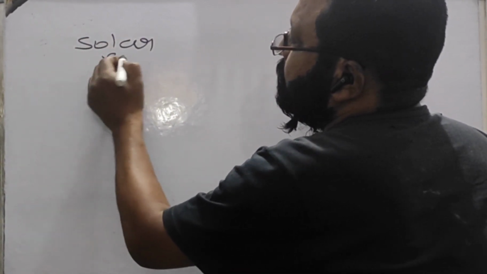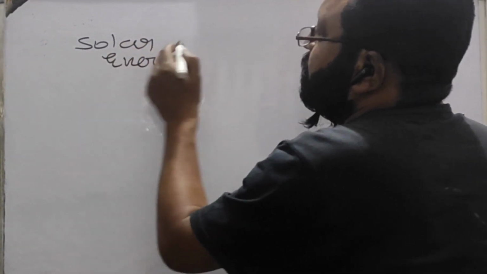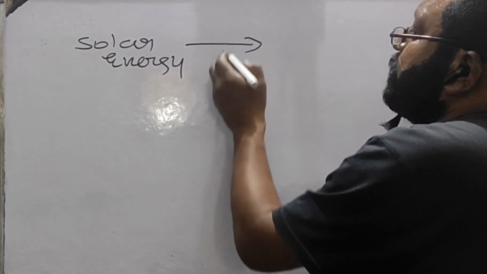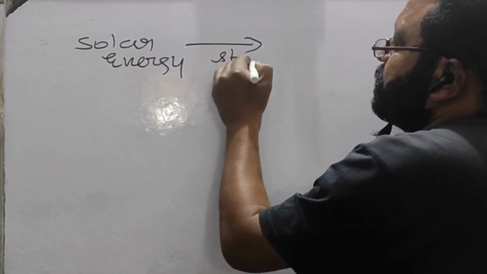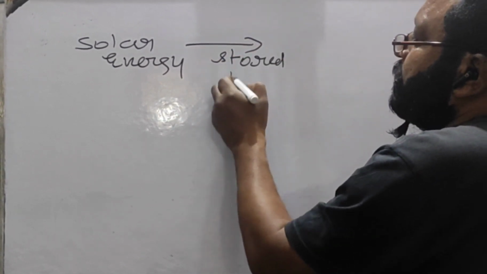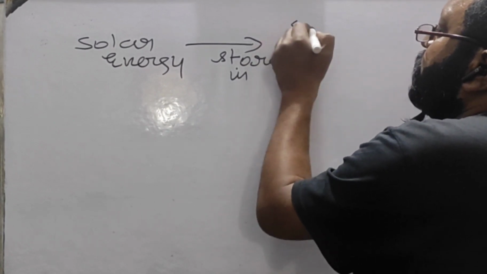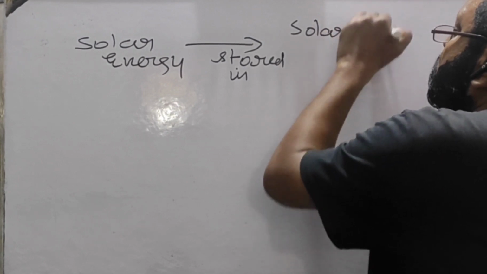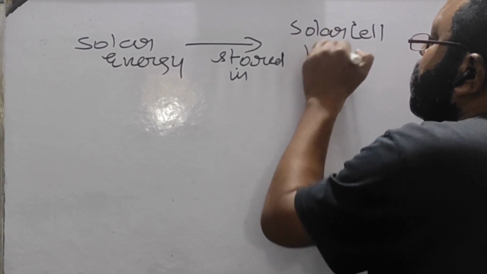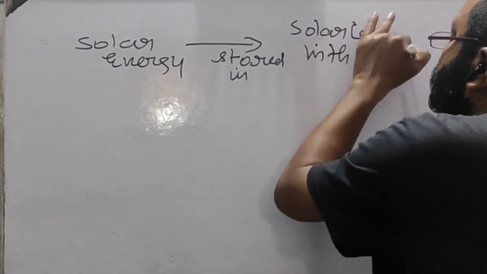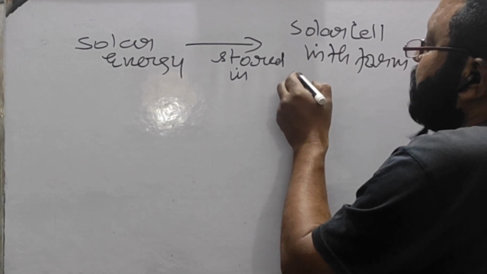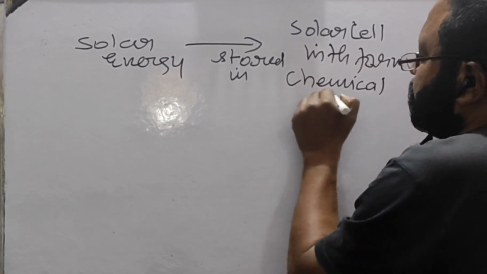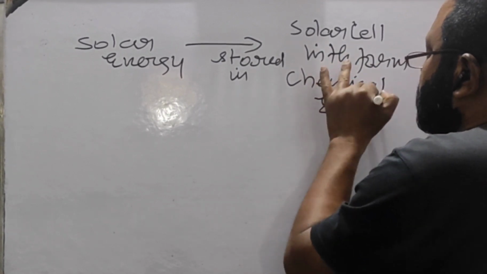Solar energy is converted and stored in a solar cell in the form of chemical energy. And this chemical energy converts into electrical energy.